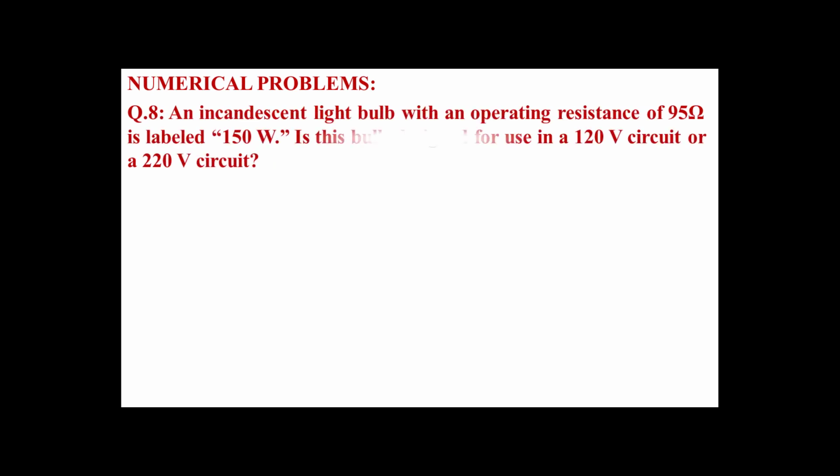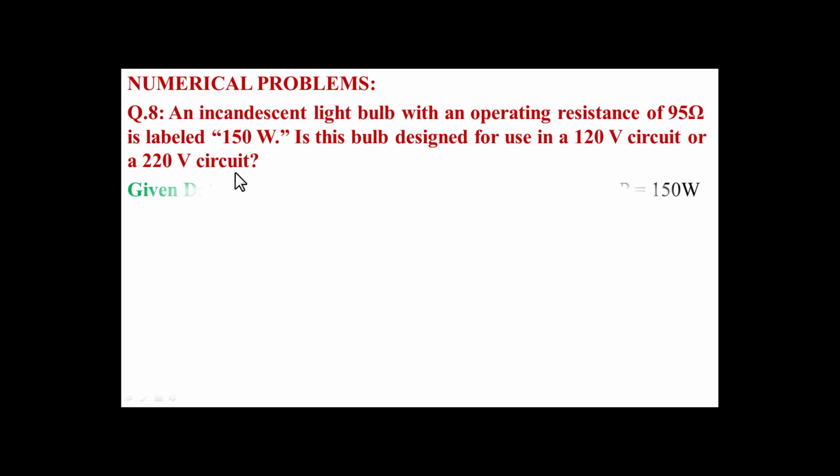Now we move to numerical problem question number 8. In question number 8, an incandescent light bulb with an operating resistance of 95 ohm is labeled 150 watt. The bulb is designed for use in a 120 volt circuit or 220 volt circuit.